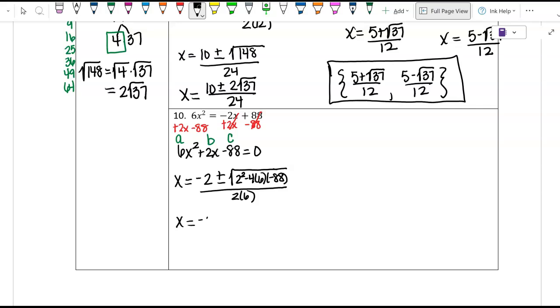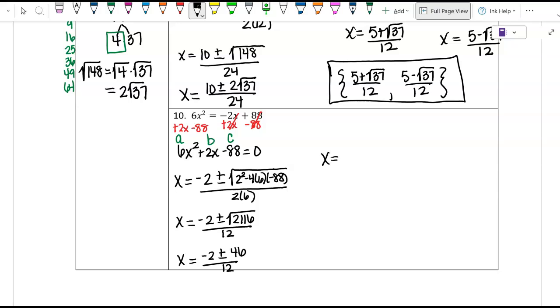So x equals negative 2 plus or minus the square root of 2,116 divided by 12. The square root of 2,116 is actually a perfect square. So x equals negative 2 plus or minus 46 divided by 12.